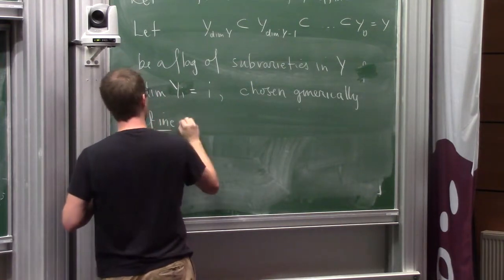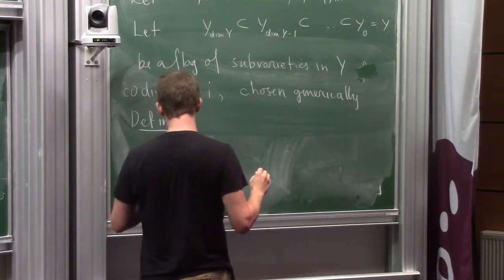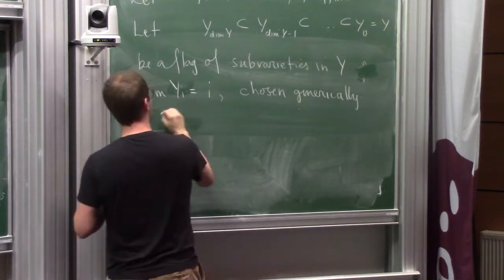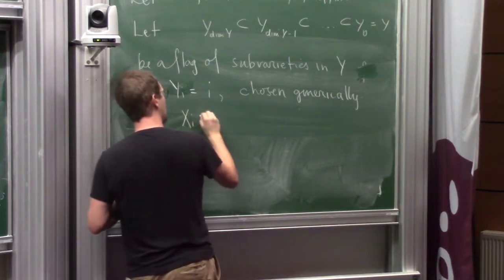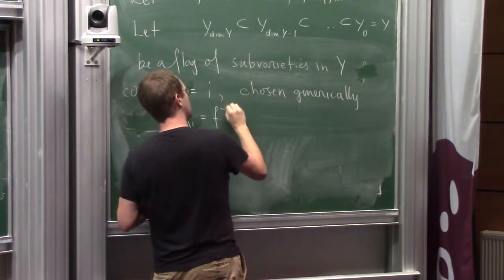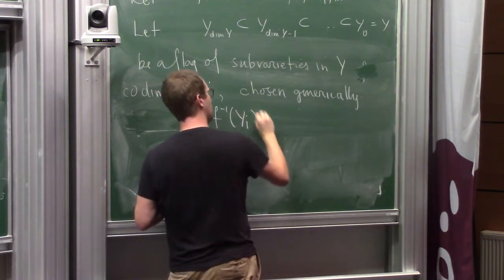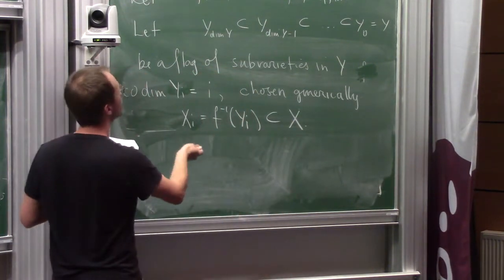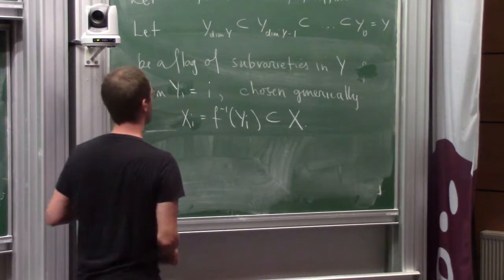Let Xi be the preimage of Yi in X. So we also get a flag of subvarieties on X just by taking the preimages of these things.